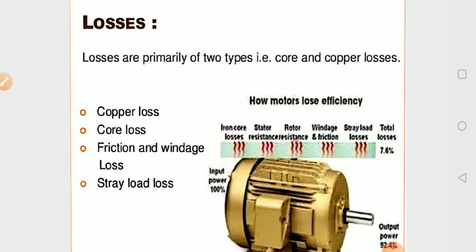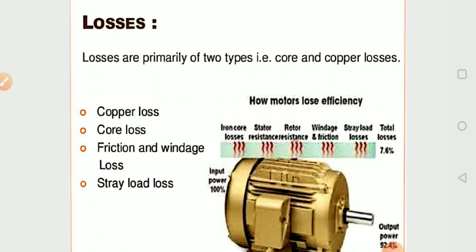And windage loss is the air friction between the rotor and surrounding air. If there is friction between the rotor and surrounding air, these losses are called the windage losses.